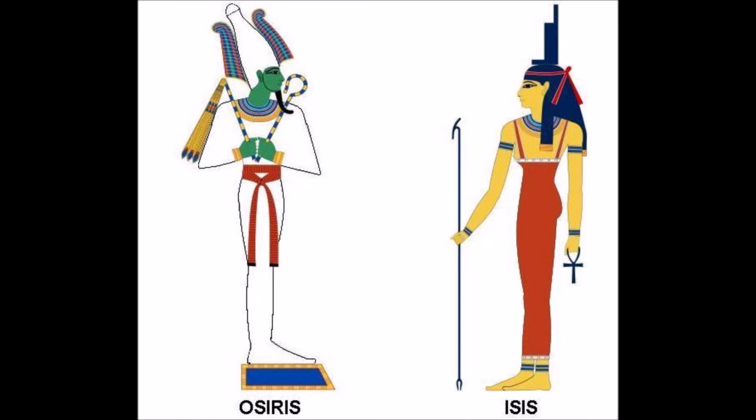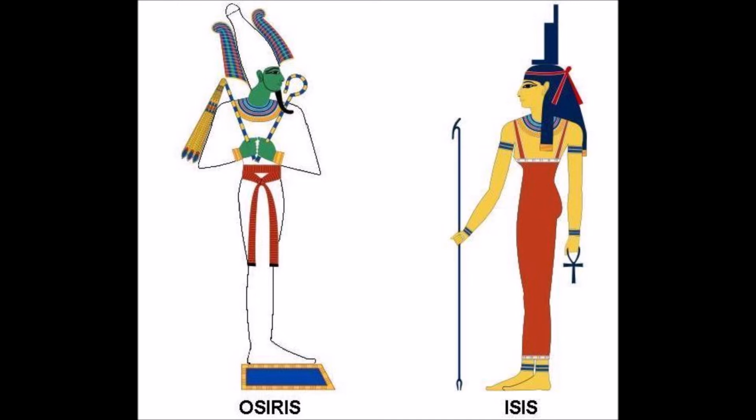As you see here on the screen, we start with the two main Egyptian god and goddess. In Greek, they are understood as Osiris and Isis. The S at the end of both of their names is a Greek ending, and that can be taken out.